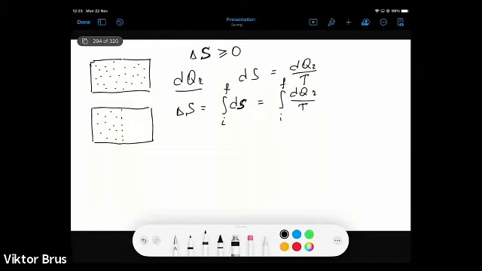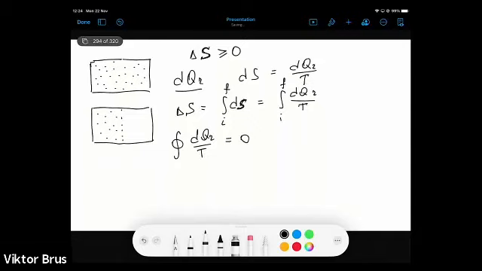What is important for a reversible cycle, when we have a closed cycle, is that the integral along a closed loop of dQr over T should be equal to 0. That's what I mentioned in terms of the Carnot cycle: for a closed Carnot reversible cycle, the change of entropy is equal to 0.